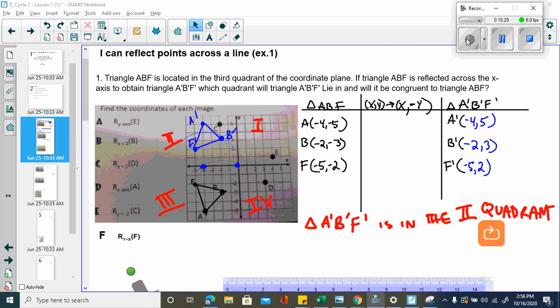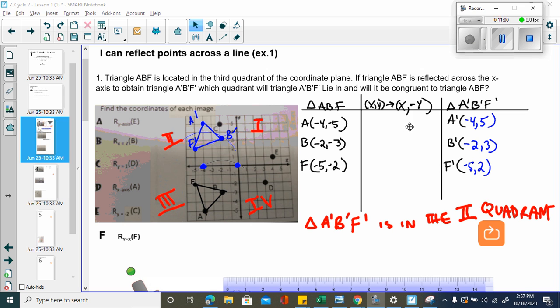I can also see that in my new triangle, the points are in relatively the same positions relative to one another. This was a rigid transformation. Reflections don't change the size. The figure is just in a different location. In rigid transformations, the triangle will remain congruent because all of the sides will still have the same measurements and they will have the same angles.